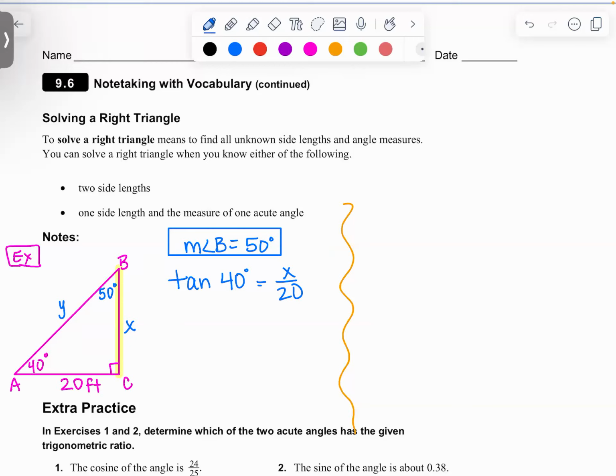So 16.8, and since that side AC is labeled in feet, we also need to label this in feet.